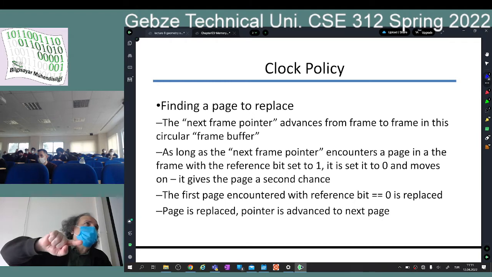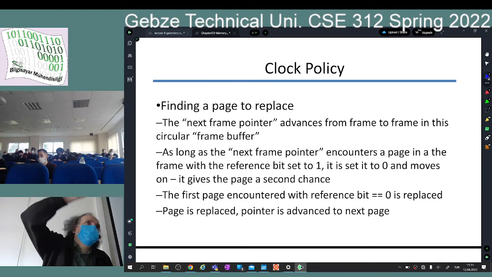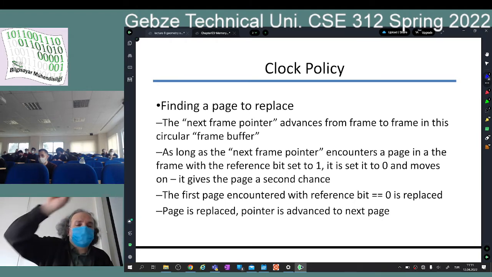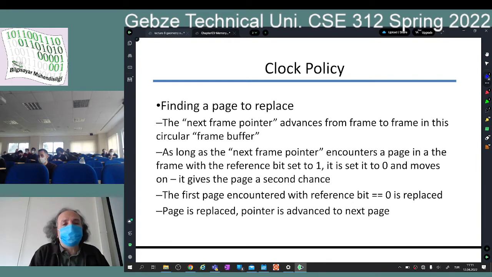Eventually, if all of them have the reference bit 1, that pointer will come back to the original frame, and then I will replace it. Good. Any questions? Okay, good.